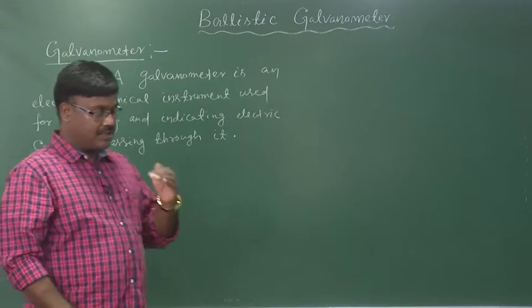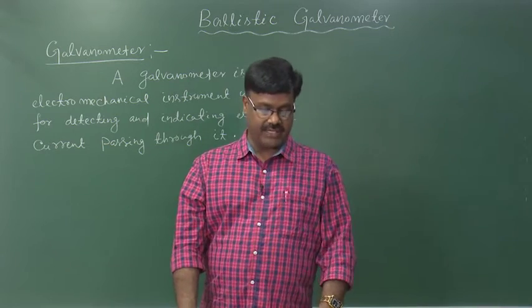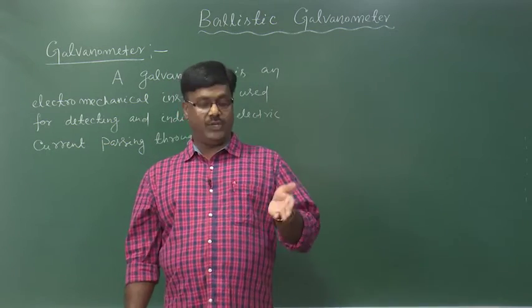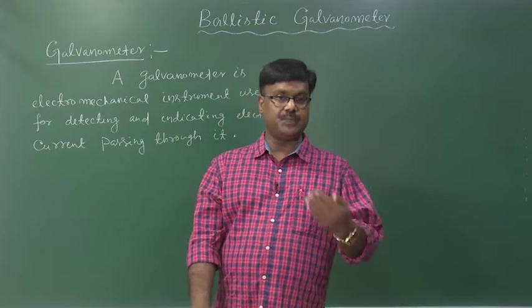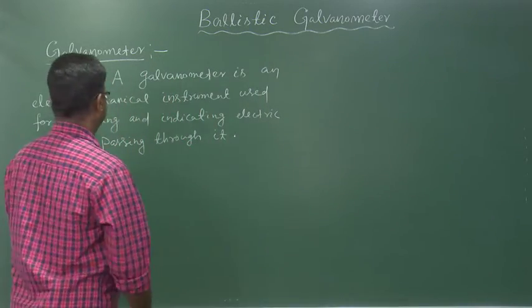Actually, a galvanometer works as an actuator by producing a rotary deflection in response to an electric current passing through its coil.